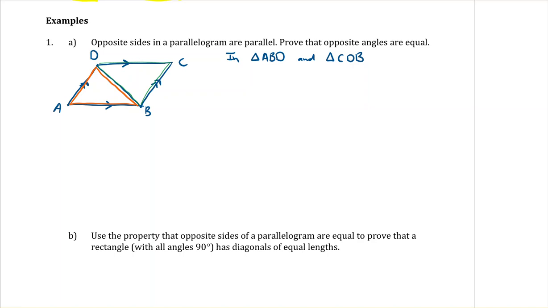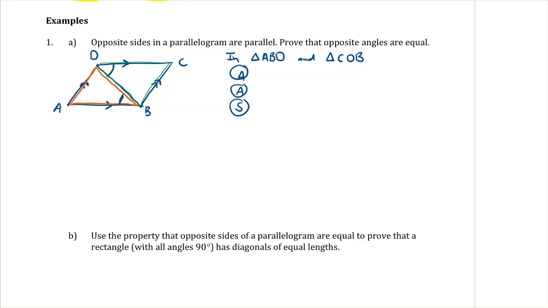So I'm going to have to use AAS. The parallel lines are going to help me get equal angles. I can use alternate angles. For example, angle DBA, so DBA would be this one in here, is going to be equal to BDC, which is this one here.